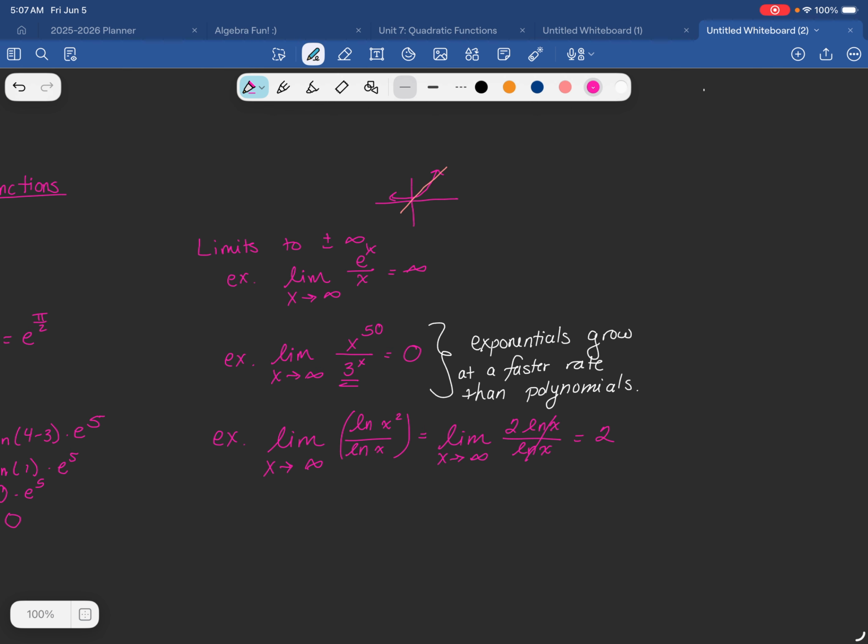And if we were to graph these two functions, we would see that we have a horizontal asymptote at 2. Well, at least as x goes to positive infinity, we have that horizontal asymptote. Actually, even as x goes to 0 from the right, we would also have that.